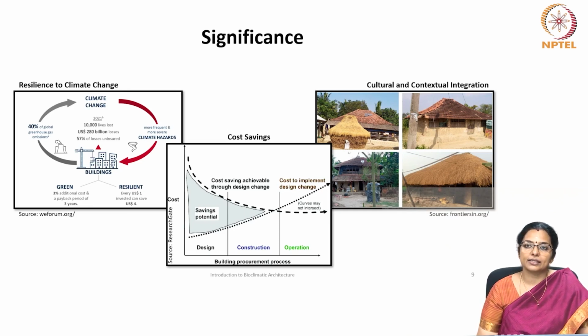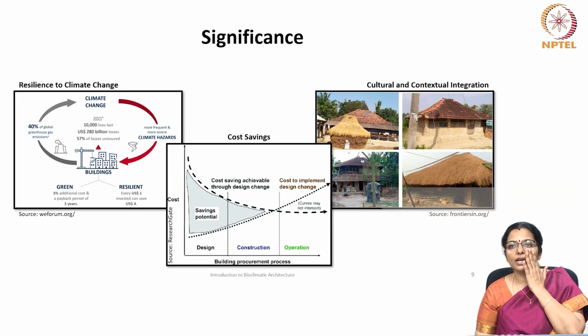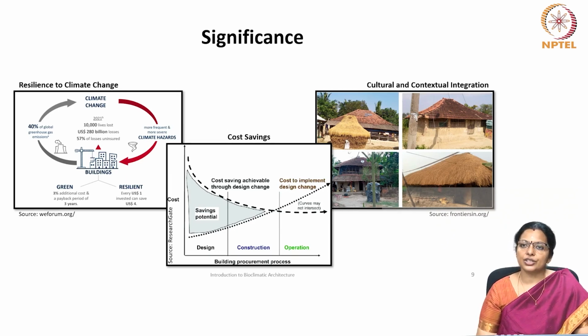The next significance is the cultural and contextual integration. Bioclimatic architecture often integrates local climate conditions, cultural traditions, and vernacular architecture principles. This results in buildings that are contextually appropriate, aesthetically pleasing, and harmonious with the surroundings, fostering a sense of place and identity.